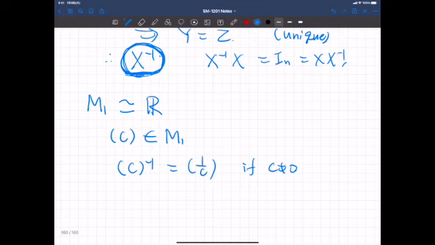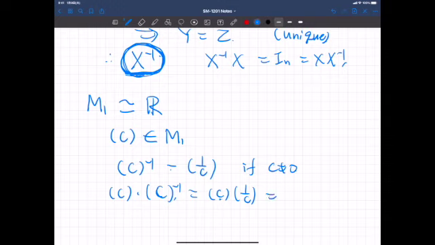If you multiply C times C inverse, this is C times 1 over C, and this is just one element, so it is 1, which is the identity matrix of one dimension, the one by one identity matrix. Very simple.